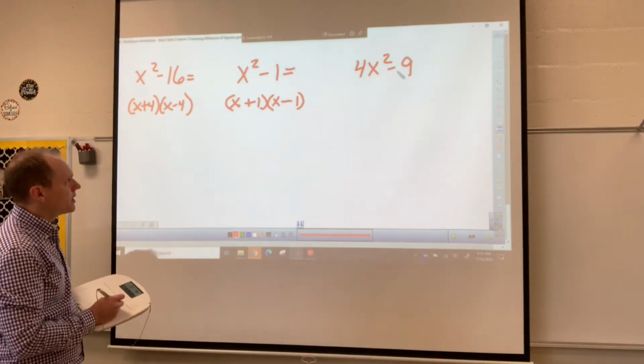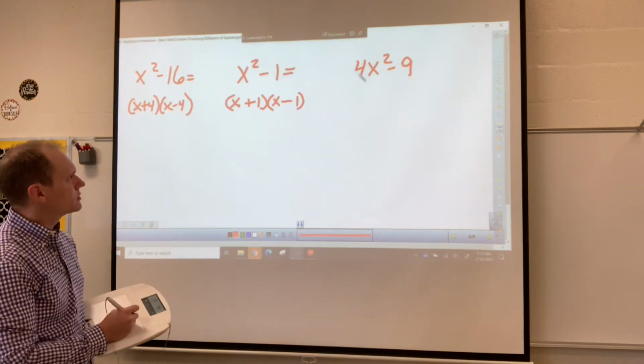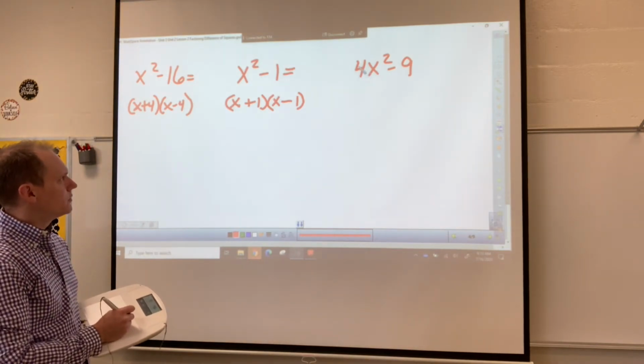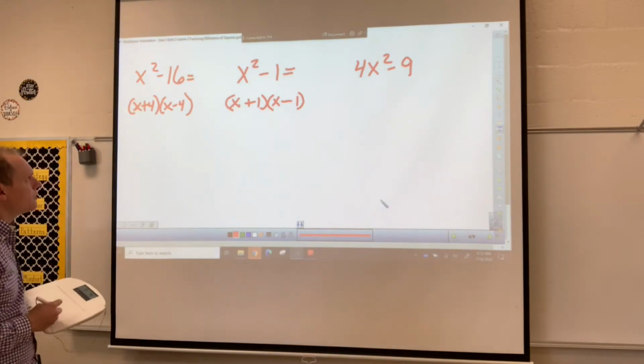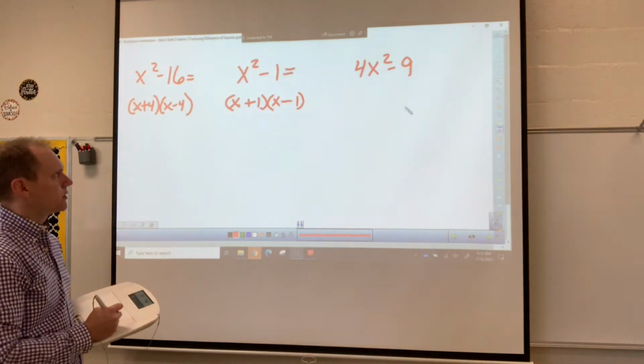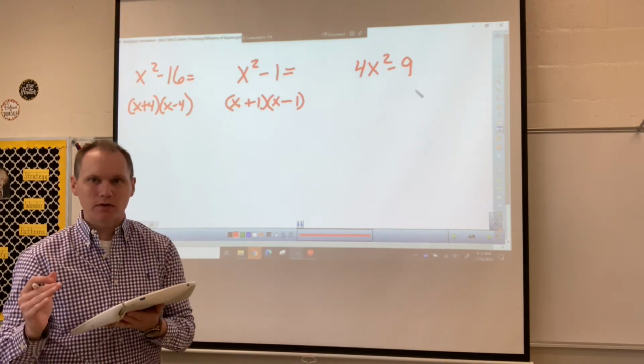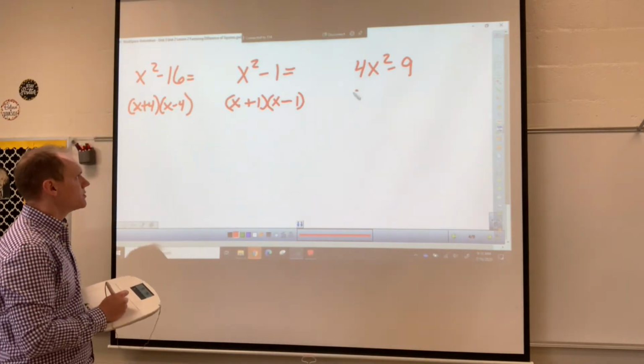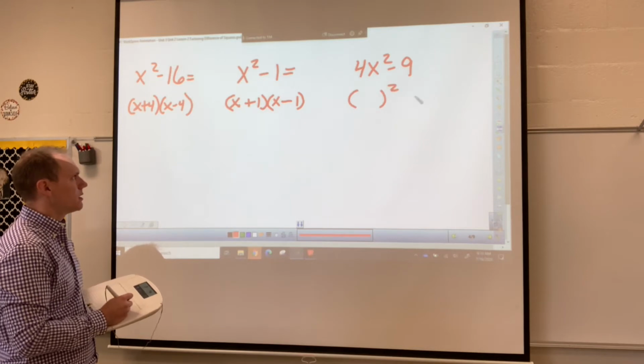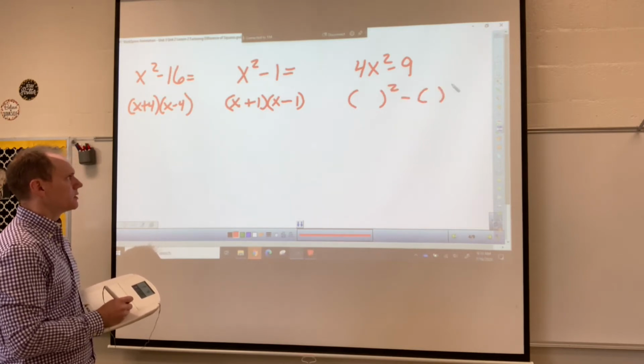All right, this next one is a little more challenging because we have this coefficient out in front of the x. So we actually need to rewrite this one first, because right now it's not the difference of two squares in terms of parentheses. So we want to rewrite this as something squared minus something squared.